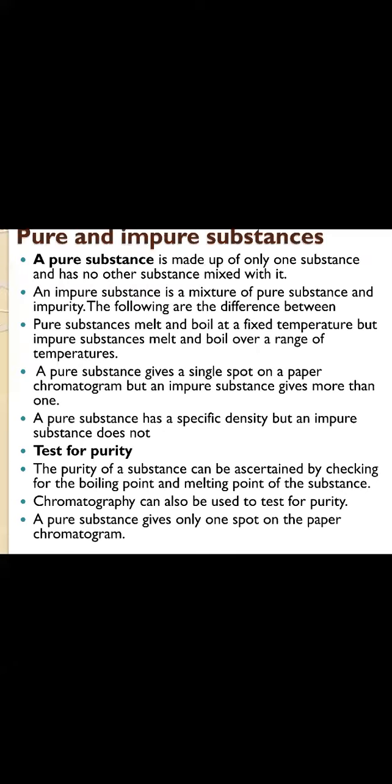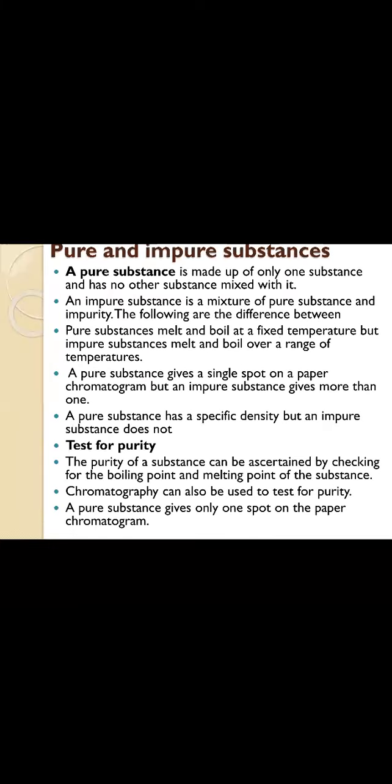There are some differences between pure and impure substances. Pure substances have a specific melting point and a specific boiling point, but impure substances do not. Another difference is that a pure substance gives a single spot on a paper chromatogram.